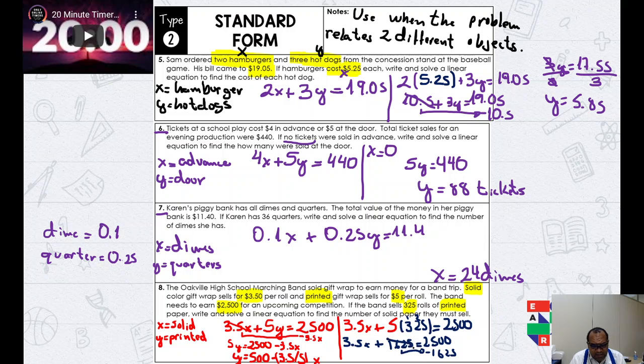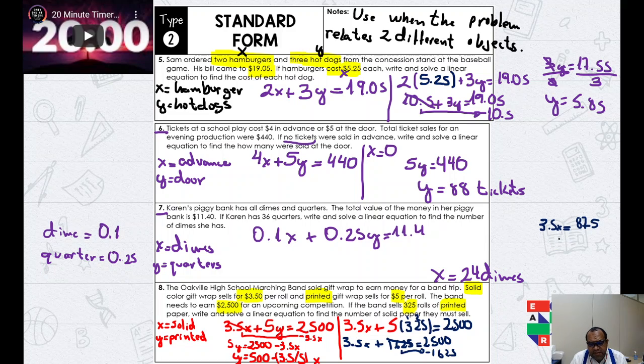Goodbye. I will just subtract already. 3.5x equals 10 minus 5 is 5, 9 minus 2 is 7, 4 minus 6 I can't, 14 minus 6 is 8, and 1 minus 1 is 0.